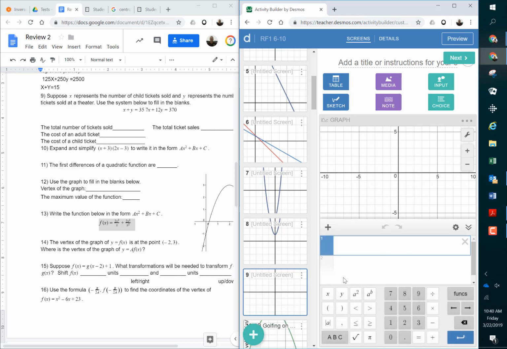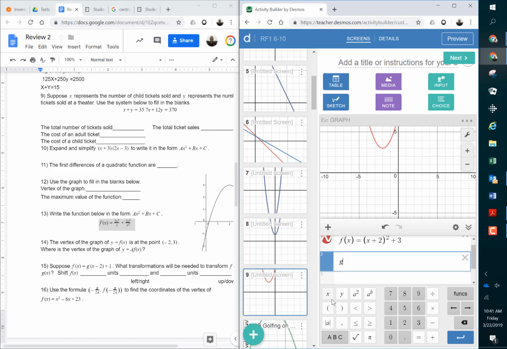So f of x equals parentheses x plus 2 squared plus 3. Okay, so the vertex is at -2, +3, and now we're going to multiply this.